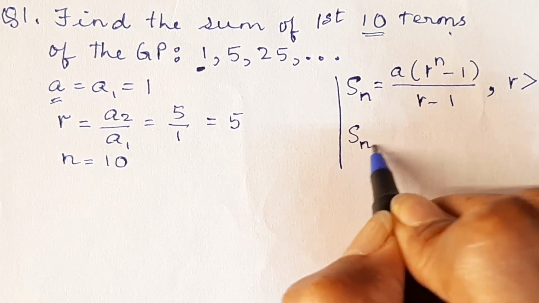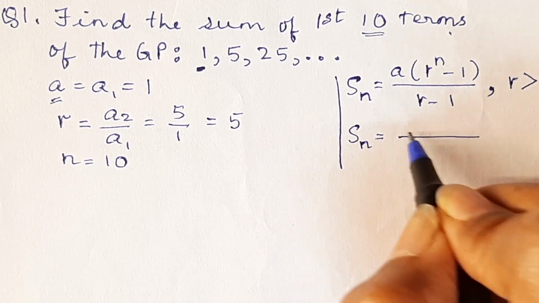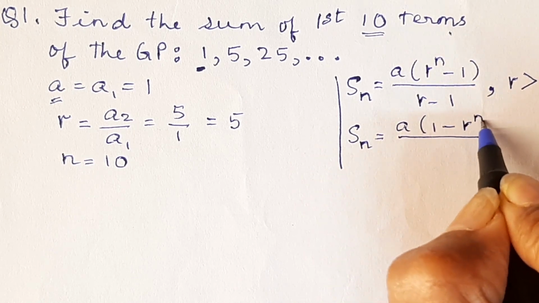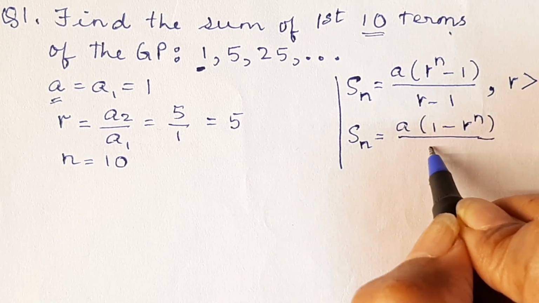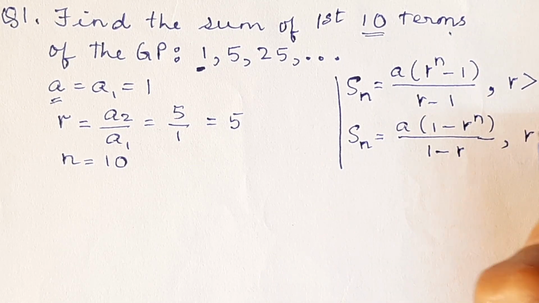And we also have the sum of n terms, which will be a into bracket 1 minus r to the power n upon 1 minus r, and this will be if r is less than 1.